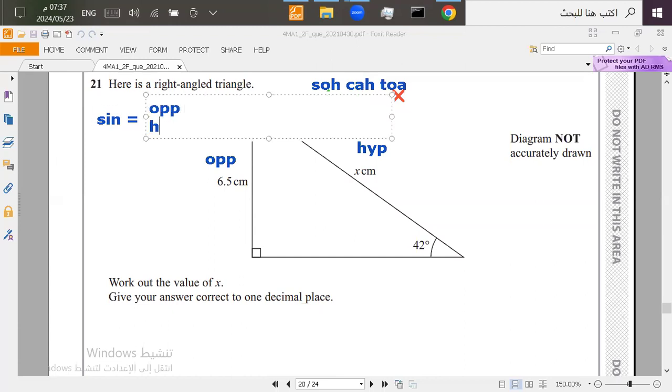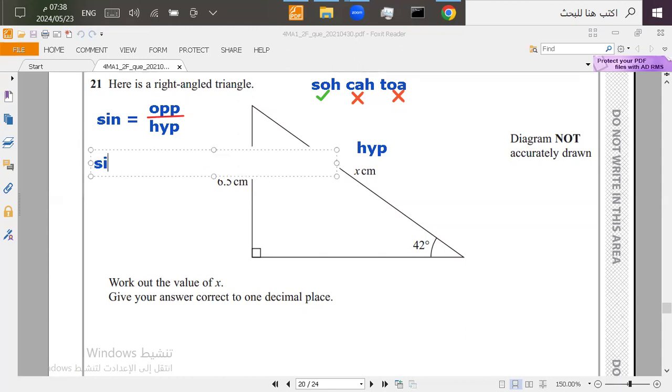You have to memorize and understand these ratios at the same time, and understand the steps of using them. These steps are related to algebraic steps, algebraic fractions, so we have to know how to use them. Now, the angle is 42.